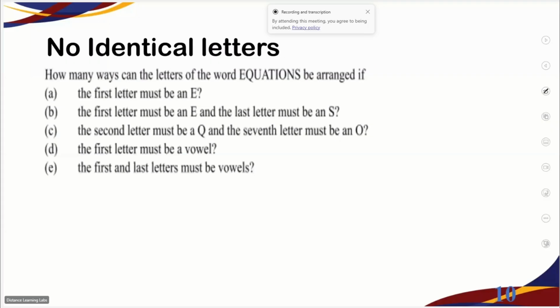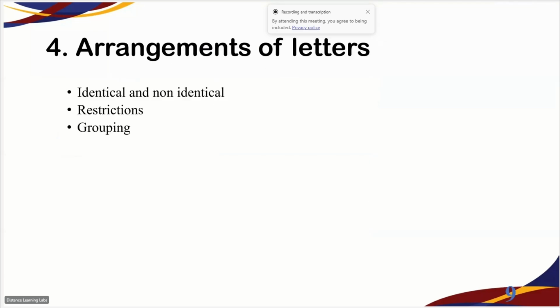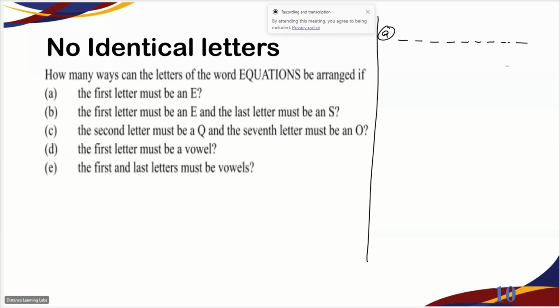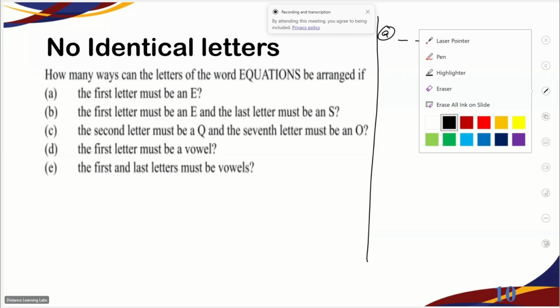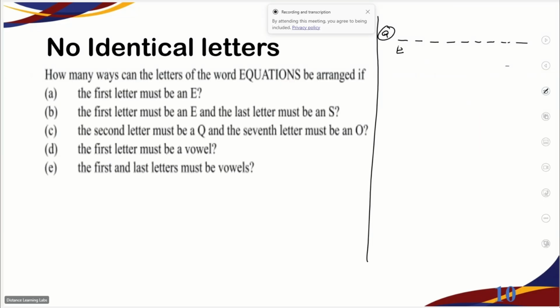Equations has 9 letters, meaning we are going to create 9 spaces: 1, 2, 3, 4, 5, 6, 7, 8, 9. The first letter must be an E, meaning position 1, only an E must occupy that. Meaning position 1 would be 1, because E is not competing with any other letter.